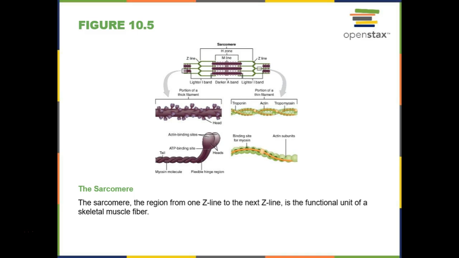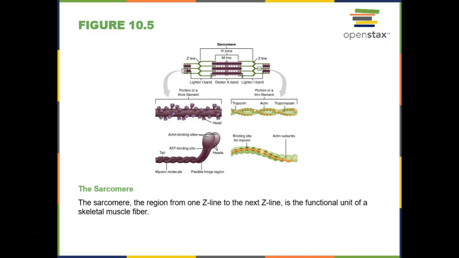Those proteins are called actin. Actin and myosin are both contractile proteins. And when they bind together, they cause a muscle contraction.